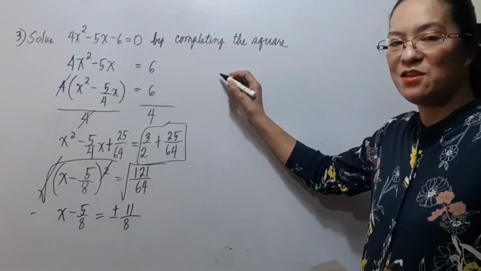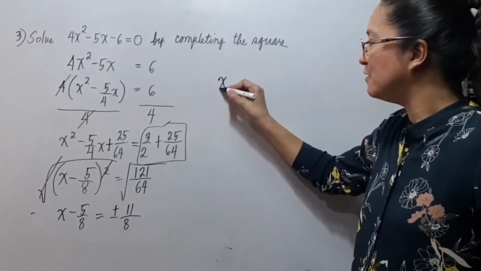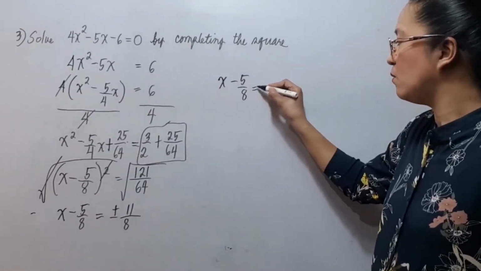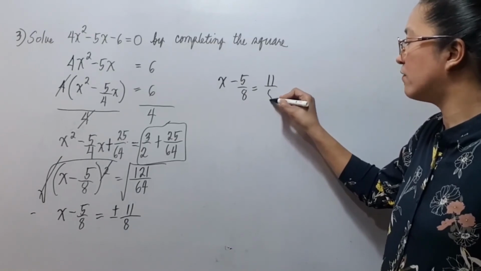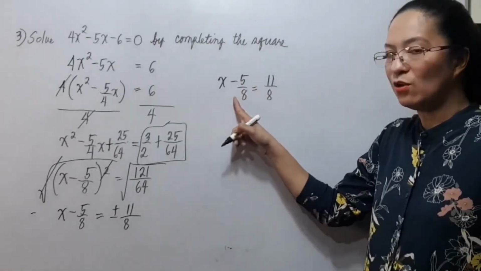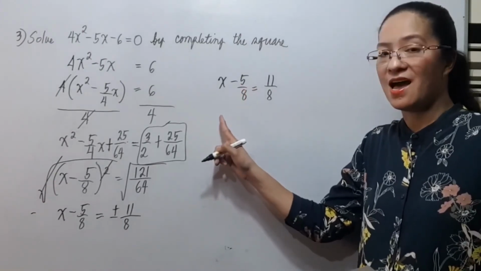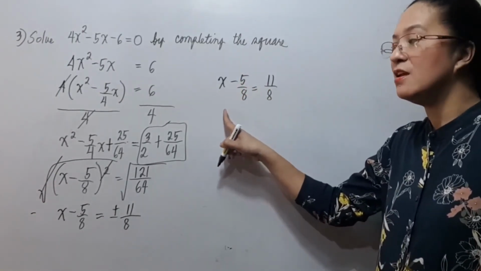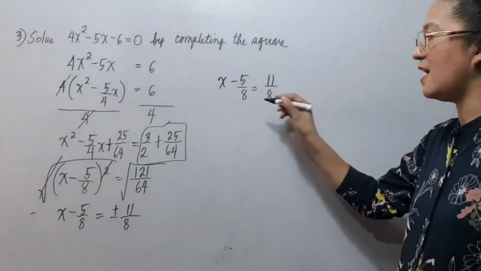So, i-solve natin yung x, no? So, x minus 5 over 8 equals 11 over 8. No, positive. So, para mawala ito, on the left side, we add positive 5 over 8 on the left. Same with the right side.